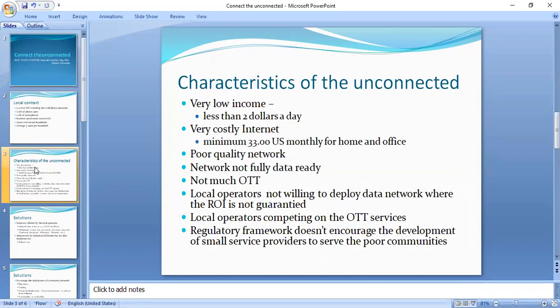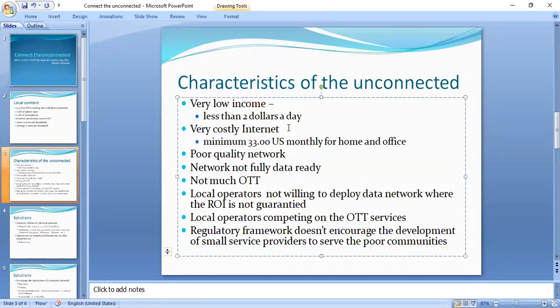Besides that, we have a very costly internet for those people.